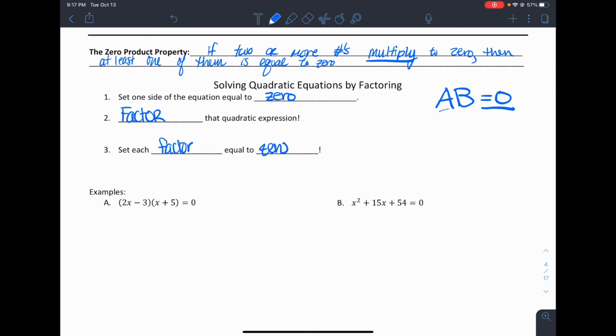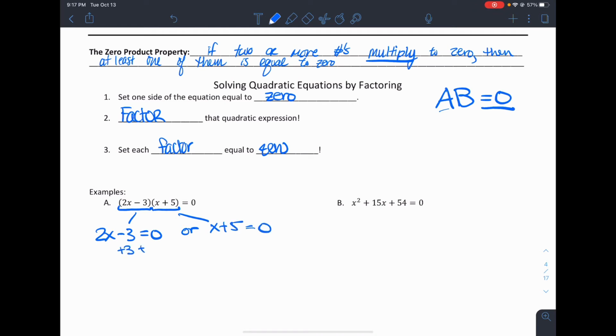Let's start with one that's already factored for us. What I'm going to do here is I'm going to look at 2x minus 3 times x plus 5, right? And it equals 0. So this guy times this guy equals 0. So either 2x minus 3 is 0 or x plus 5 equals 0.